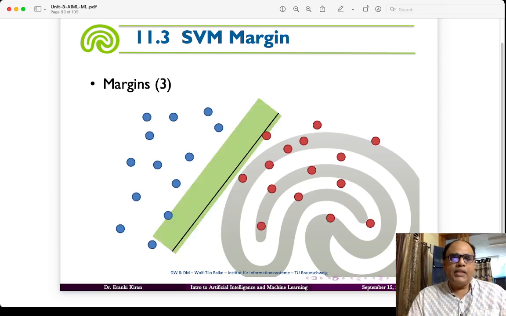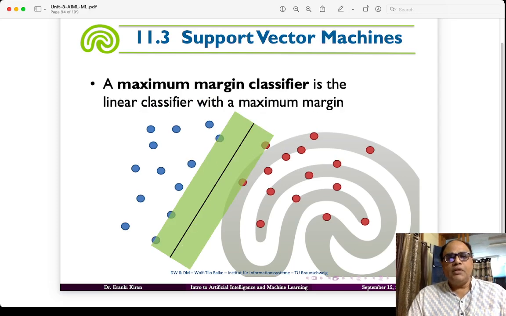In this case, if we increase the margin on one side and reduce it on the other side, the data point is already on the boundary, and on the other side the data point is also on the boundary. So the margin of the hyperplane or the classifier is very important in classifying the data.